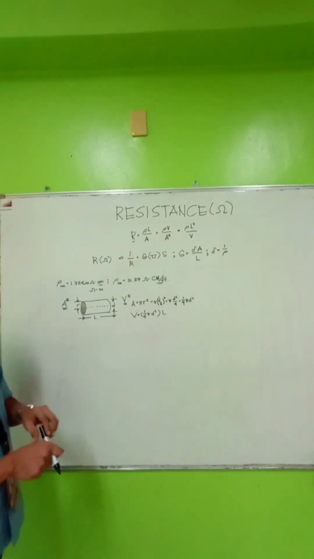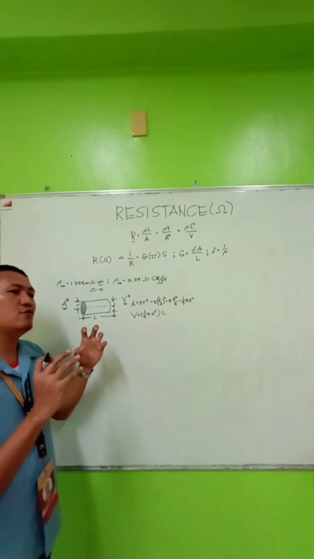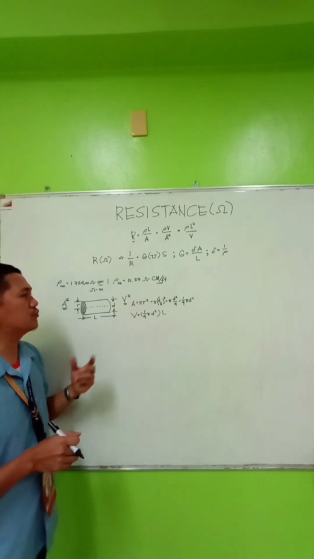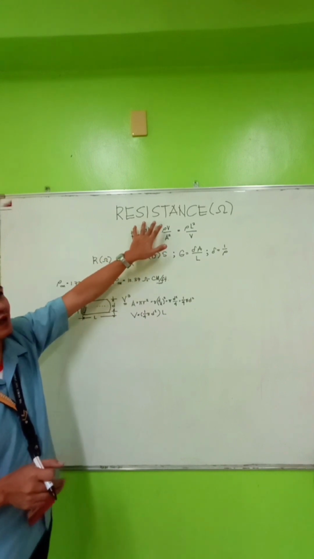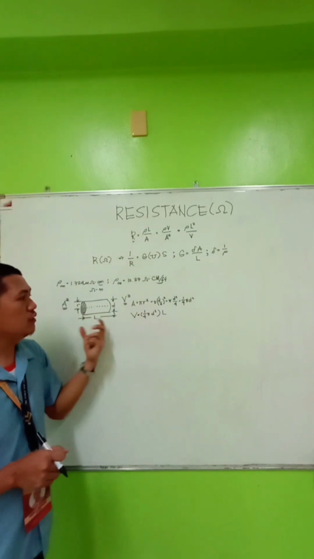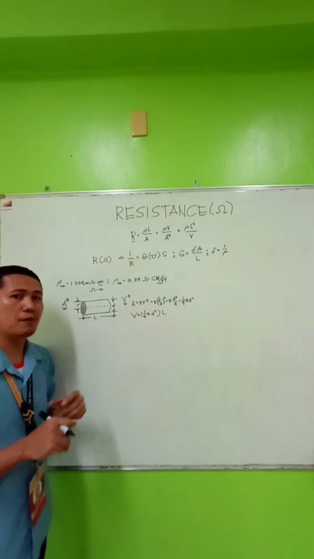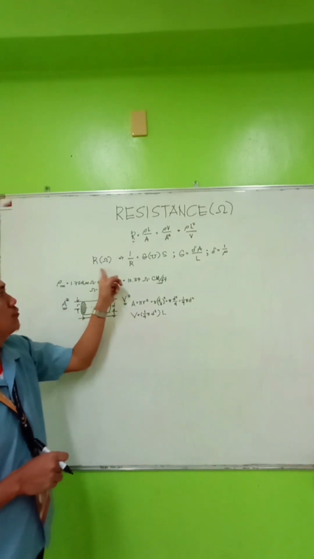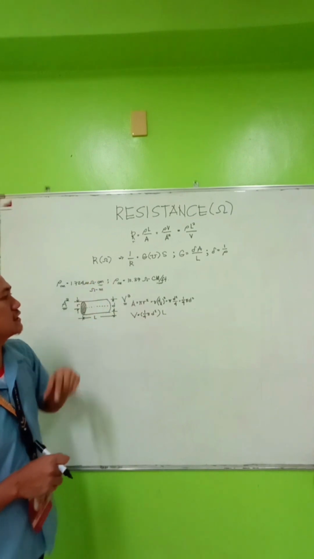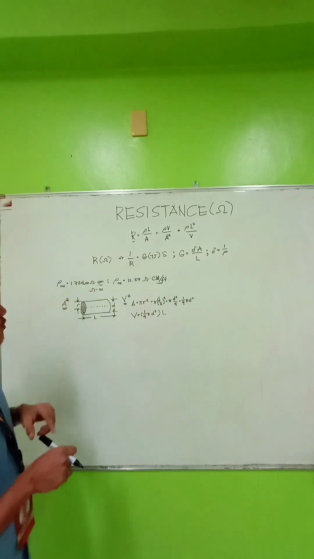Okay? Because the problem will always give you a twisted problem. It's either one of the parameters is unknown and the two other parameters are given. So you need to know how to manipulate these parameters in order for you to determine your unknown, if it is resistance. Okay? So let's move on to another shape.